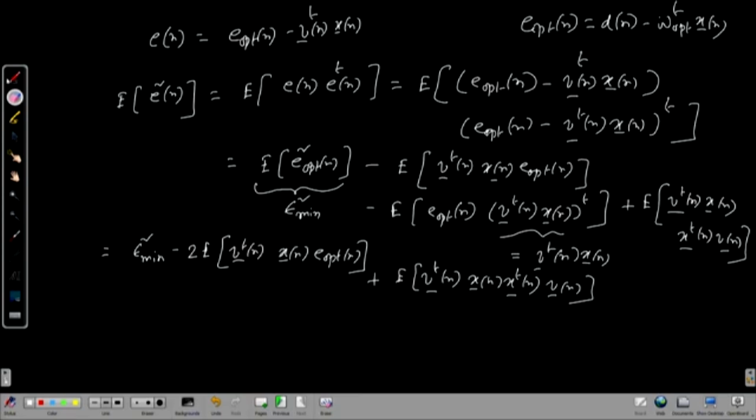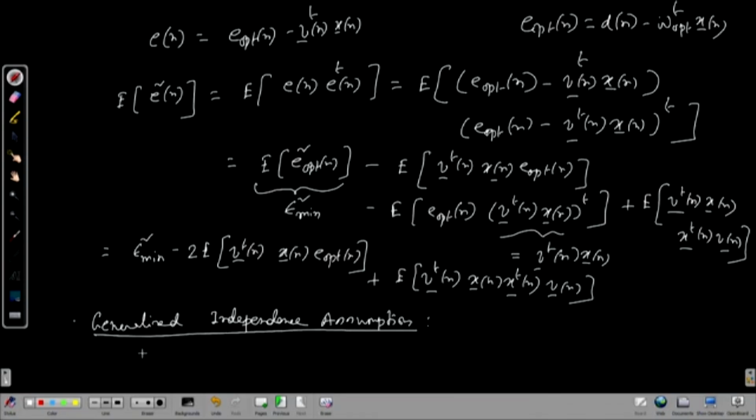We will assume W n is statistically independent of x n of course, and also d n. The logic is the same.